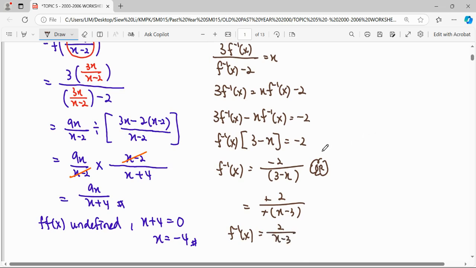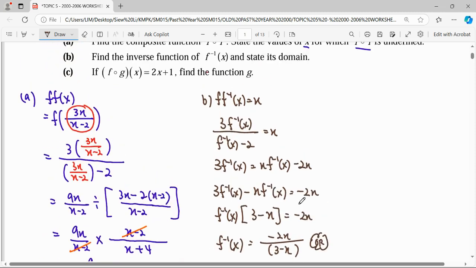So whether your answer is negative 2 over 3 minus x, it will be the same as 2 over x minus 3. Right, so we have a mistake here. We have an x here. Just now when we cross multiplied, we missed an x. So we put back the x here. Here is our final answer for the inverse function.